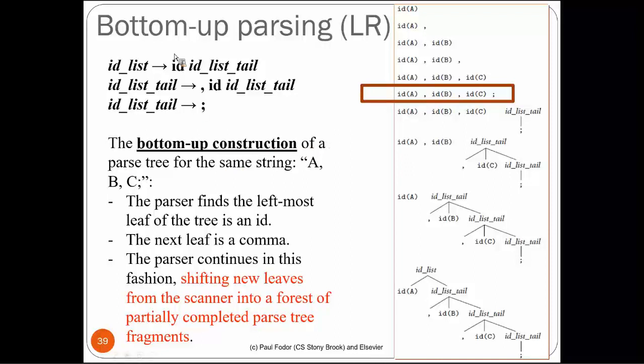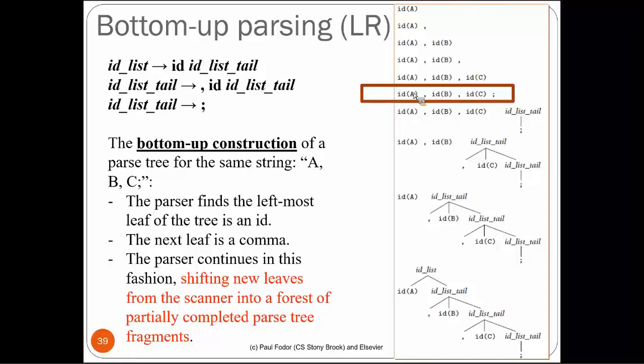So bottom-up construction for the same grammar that we saw before, and for the same string a, b, c, semicolon, the parser first finds the leftmost leaves of a tree that is an ID. Basically, it finds the ID A. Then the next leaf is a comma. Then the next leaf is an ID B, and it basically finds all the tokens.